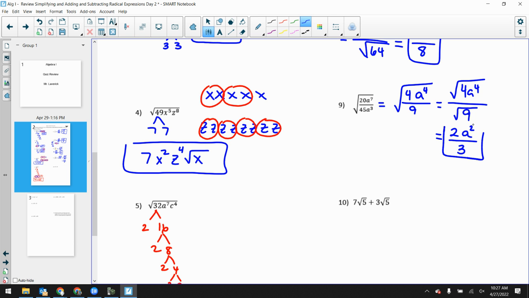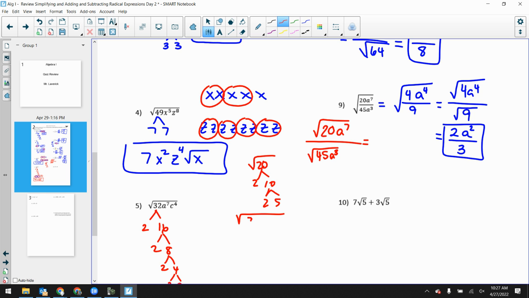Okay, I'm going to show you a different way. I would not do this route, but some of you, I bet, started this way. Reduce later. I don't love this, but whatever. Take them separately. Like for example, the 20a to the 7th. 20 is 2 and 10, 2 and 5, right?